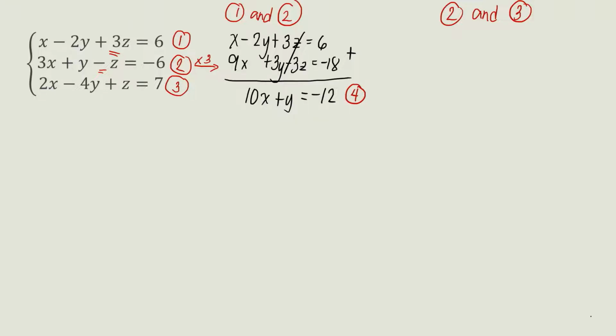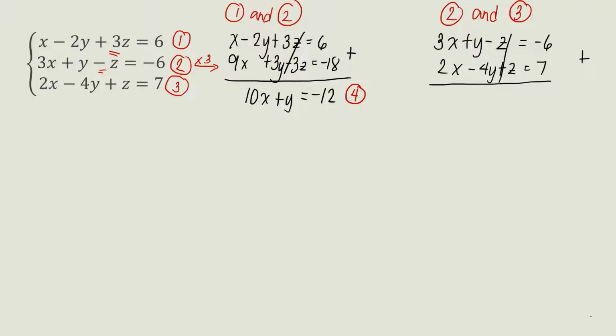So your equation 2 is 3x plus y minus z is equal to -6. And then 2x minus 4y plus z is equal to 7 for the third equation. So again, we will just do addition so that we can cancel this. Okay.